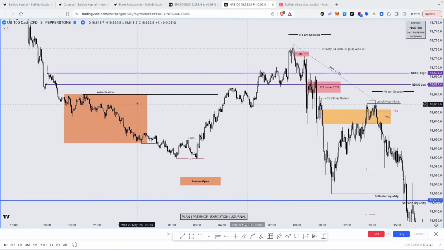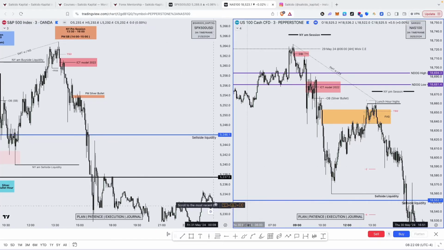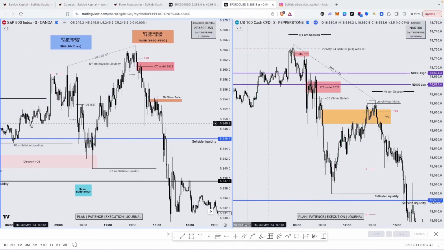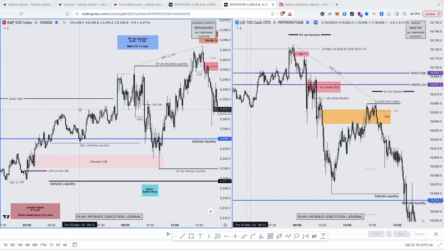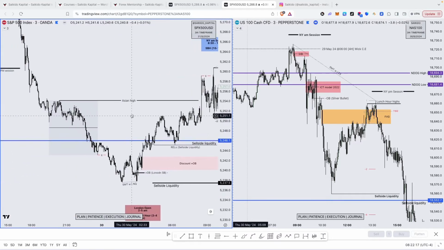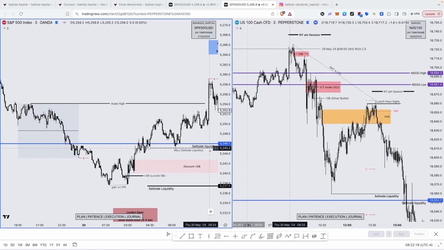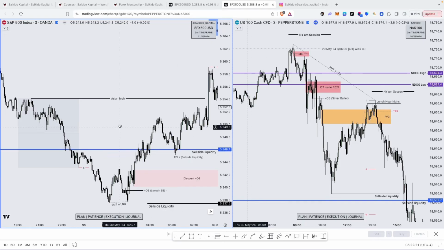So if I'm trading Nasdaq, I always have ES, which is S&P 500, as some sort of barometer.